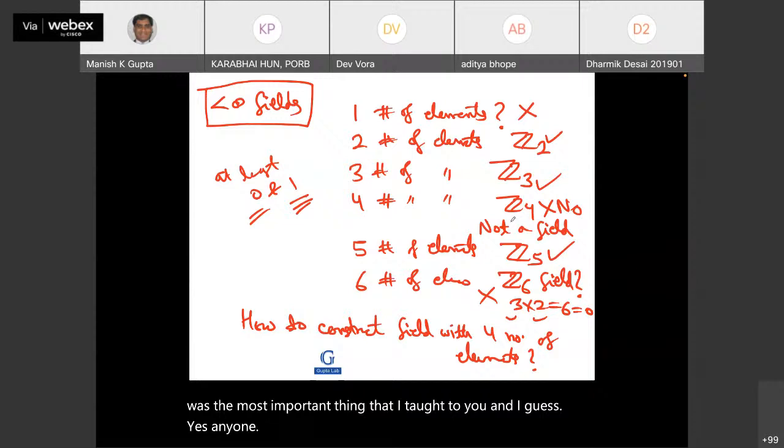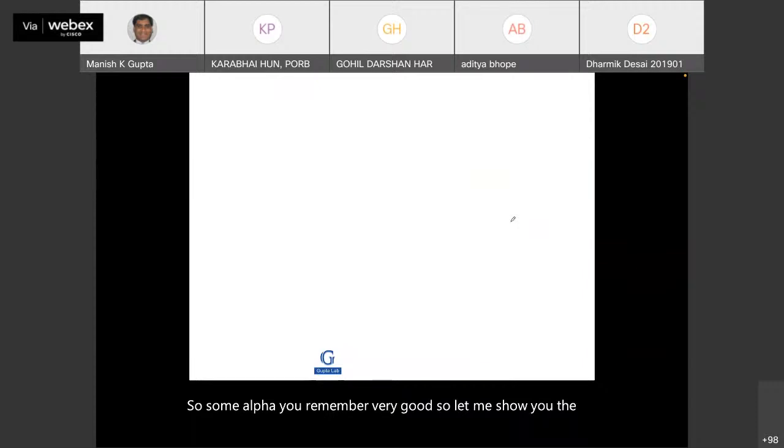Sir, we will generate, consider for 2 and 3 alpha, and 0 and 1 has a field, so we can construct by that. Okay, so some alpha you remember, very good. So let me show you the construction method, because this is a very important one.